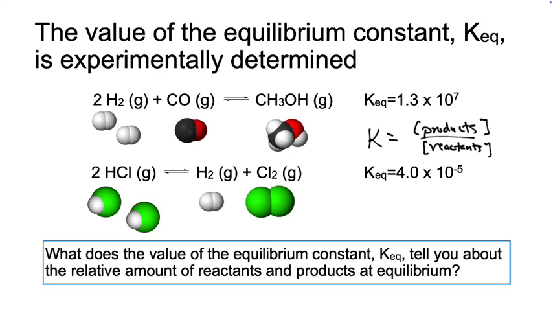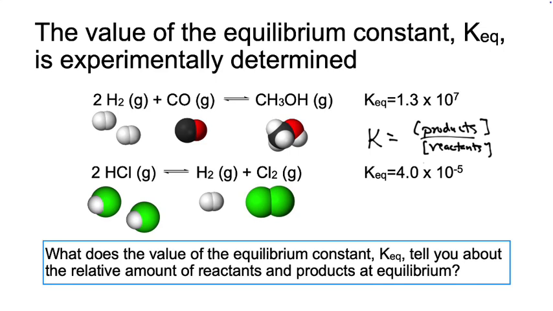What happens if I move to the other one, 10 to the negative 5th? Is that a big number or a small number? Small. Because it is a small number, what does that tell me about the products to the reactants? More reactant. I have more reactants than I have products, which is why I get that smaller numerical value. I can use those chemical equations to help me out.